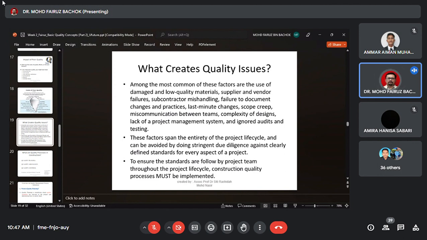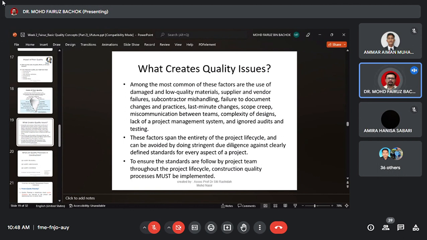If you do quality construction, it can prolong the life cycle of the project you construct. That's why quality is important. And then to ensure the standards are followed by the project team throughout the project life cycle, a construction quality process must be implemented.